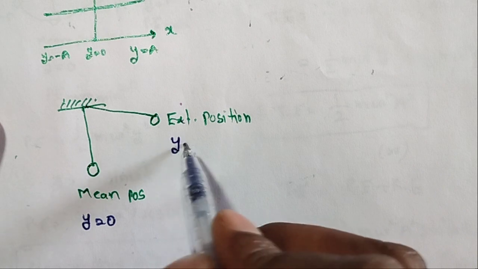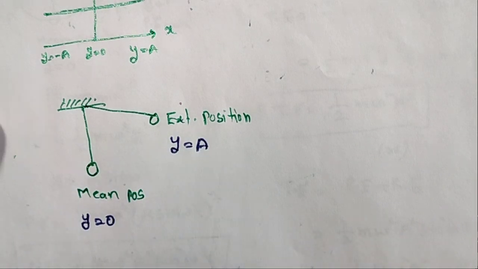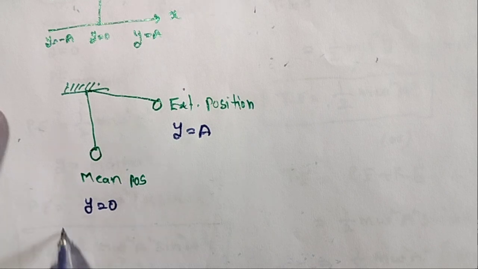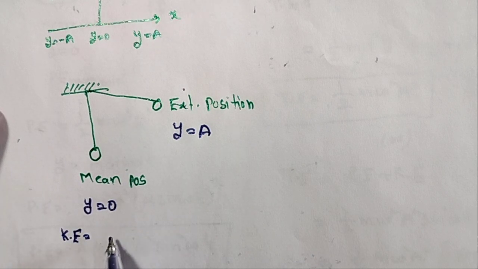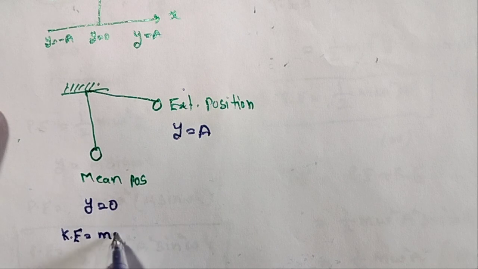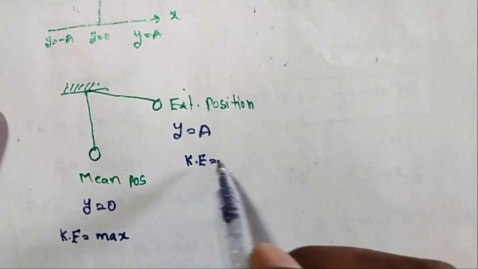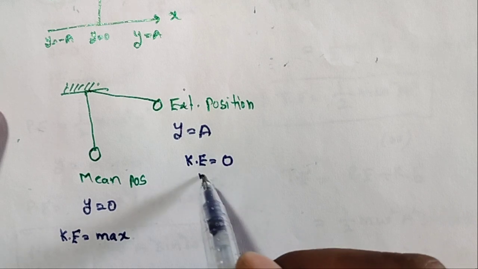At the extreme position, what is the displacement? y is equal to a. Here the kinetic energy is maximum, 1 by 2 m omega square a square, as we know very well. At the extreme position, the kinetic energy is equal to 0, minimum.